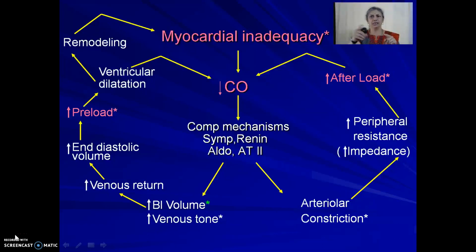It will constrict both arterioles and veins and thereby increase the resistance, which is also referred to as afterload, and increase the venous return, which is referred to as preload. Another mechanism by which angiotensin 2 can increase the preload is cause release of aldosterone, which causes conservation of sodium and water, thus increasing blood volume to a certain extent. And this can lead to further increase in the preload.